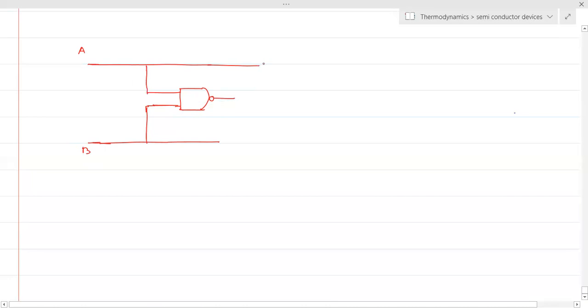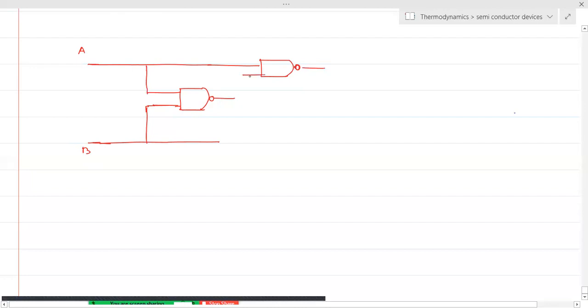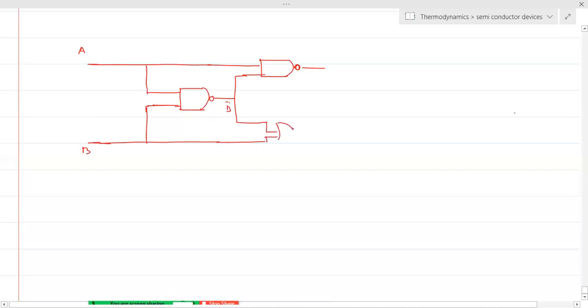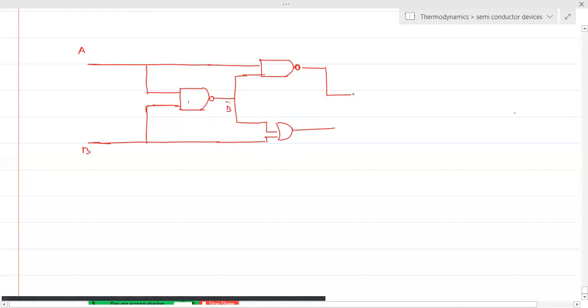Now this is connected to another NAND gate. Here we have an OR gate, and everything is connected to another NAND gate.